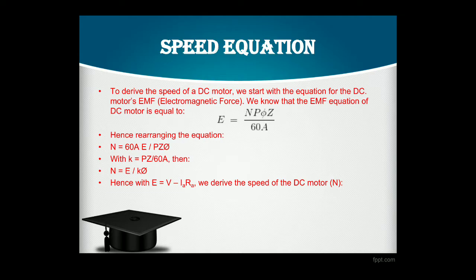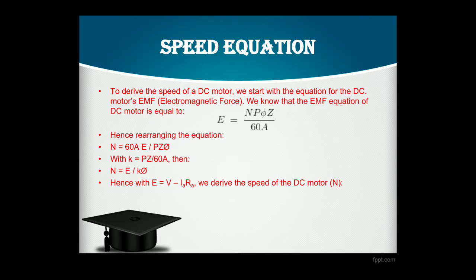That is the back EMF equation, or the generated voltage equation of the DC generator. Hence, rearranging the equation, N equals 60A E by PZφ.